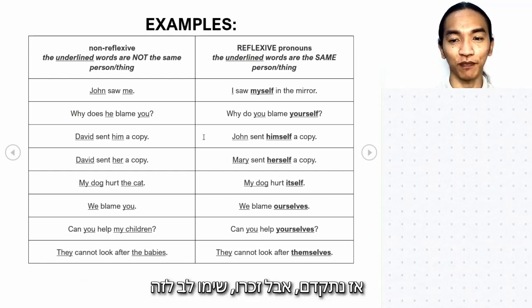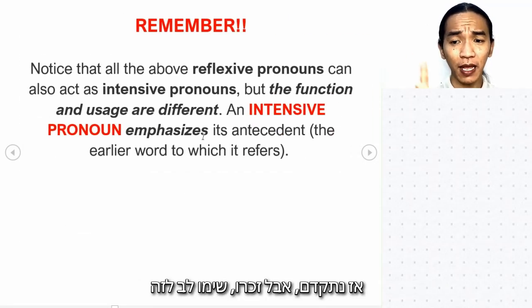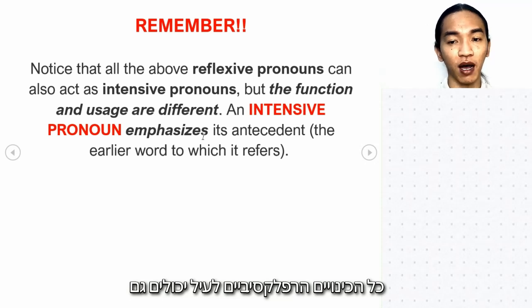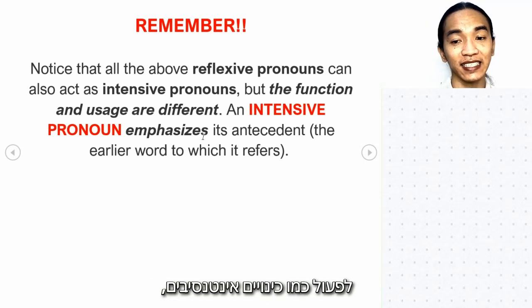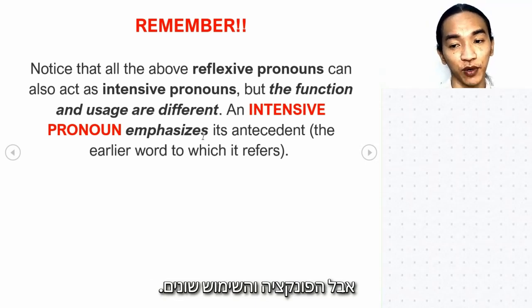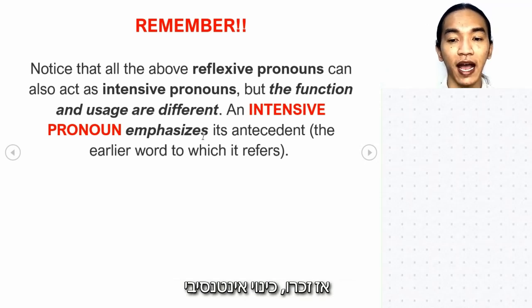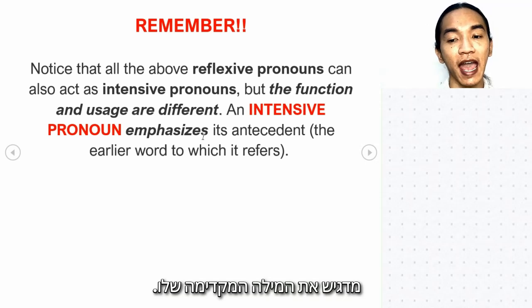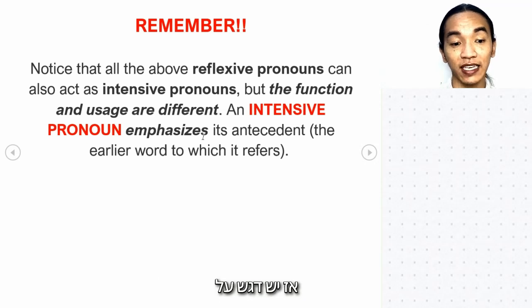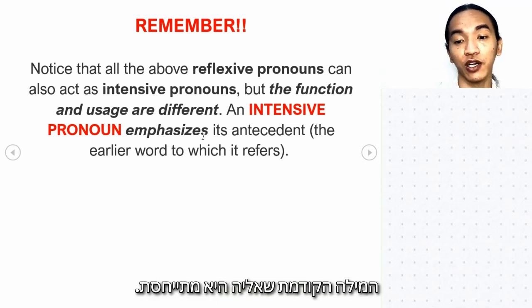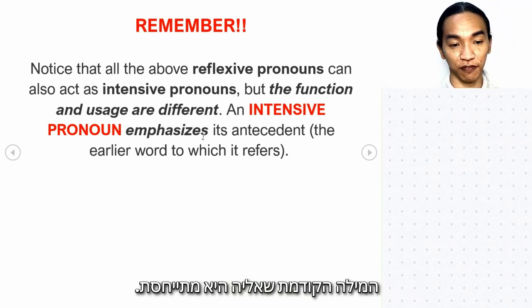Okay. So, moving forward, notice that all the above reflexive pronouns can also act as intensive pronouns, but the function and usage are different. Remember, an intensive pronoun emphasizes its antecedent, so there is an emphasis on the earlier word to which it refers.